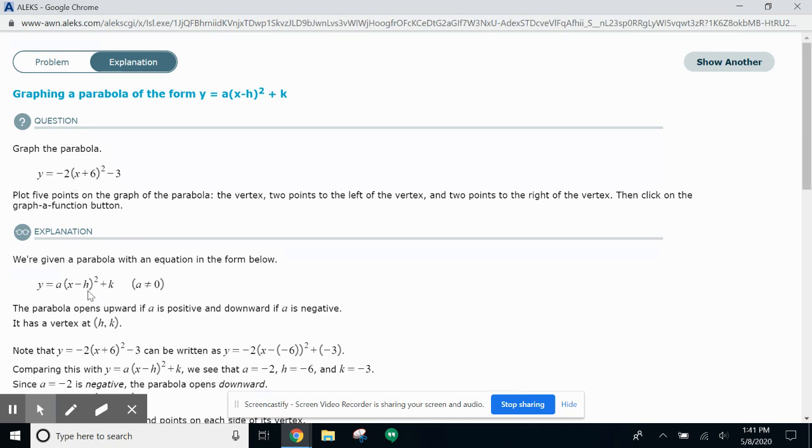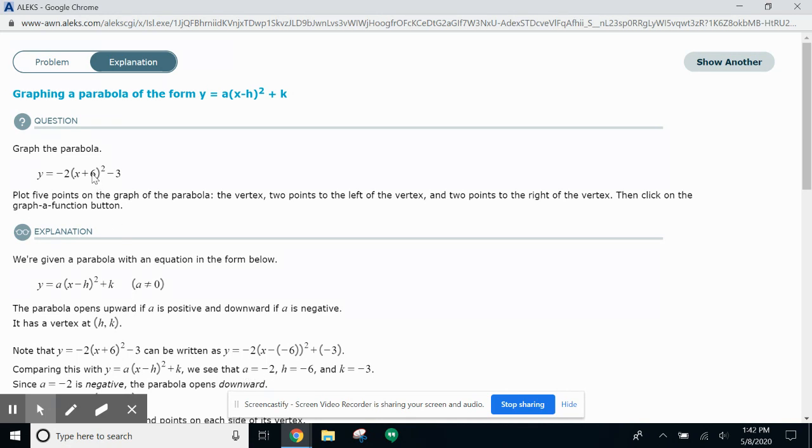So h and k have specific spots in this formula. If we look at this formula and we look at the parabola they gave us, there are certain numbers that match those spots. So k is matched with this -3. So k is going to be -3. A is matched with this -2. So a is going to be -2.